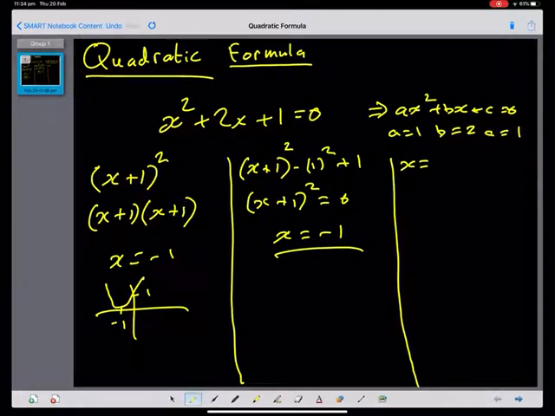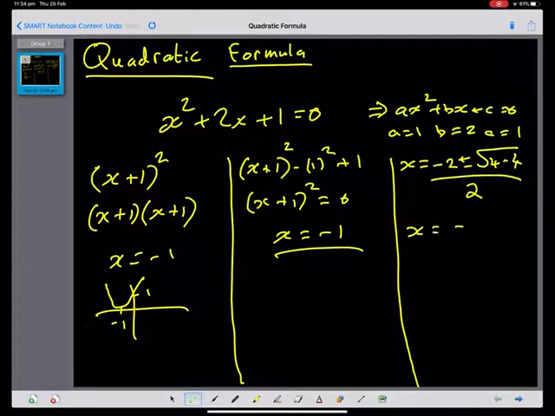We get minus 2 plus or minus the square root of b squared, which is 4, subtract 4ac, which is 4, all over 2a. And I hope that you can see that this is just simply this, which is negative 1.